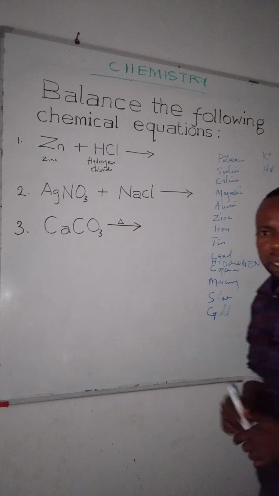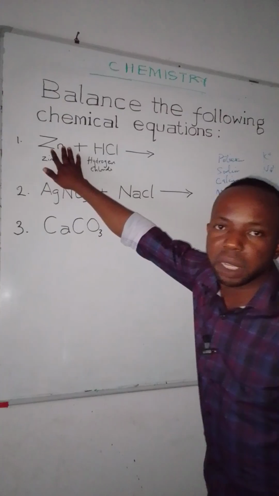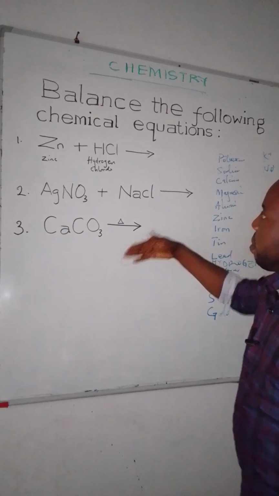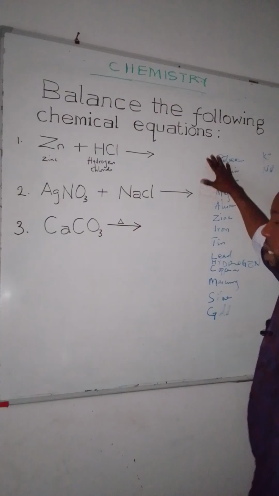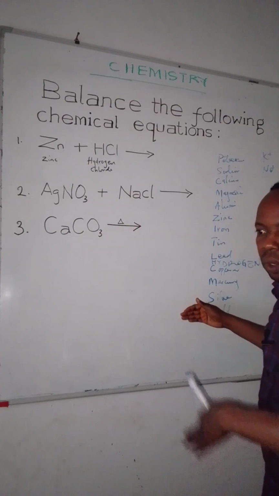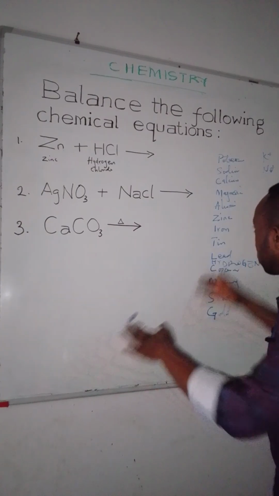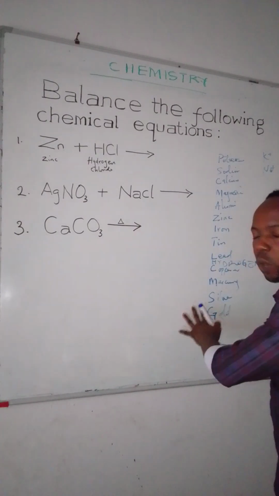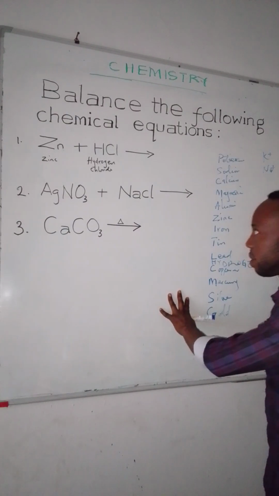Now, this is going to help you understand how you balance this equation or equations that look like this. Now, there is a rule that says that this is a metal, zinc metal. When metals that are above hydrogen in the electrochemical series, this can also be referred to as the electropositive series. Because all of them are positive, that is why it is also called the electropositive series.